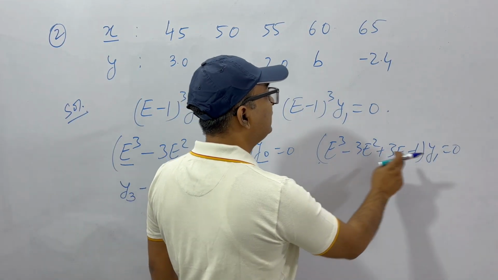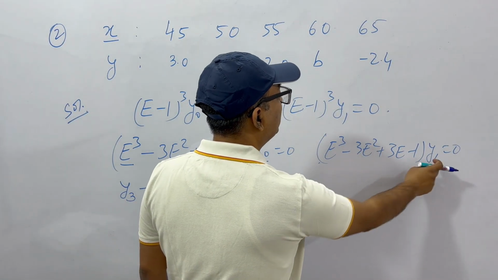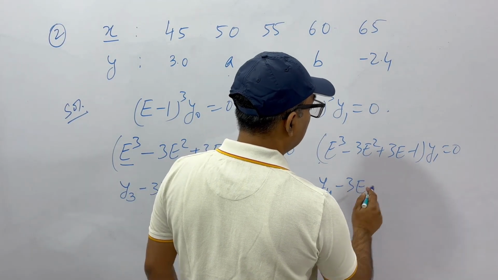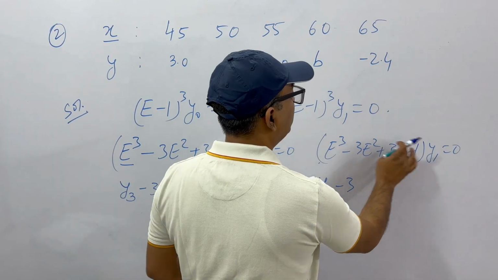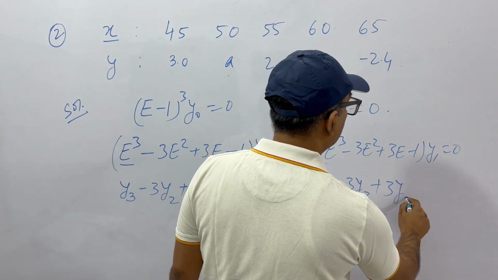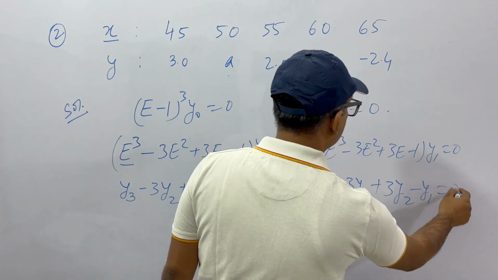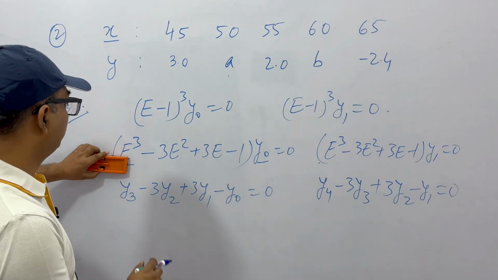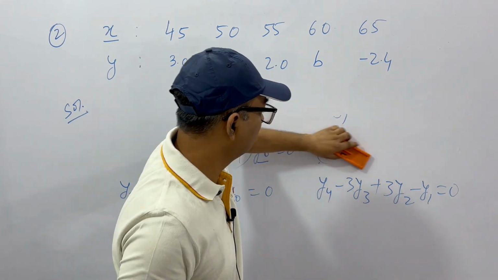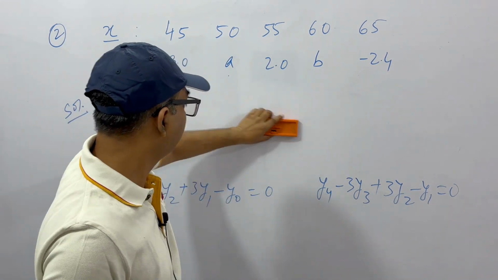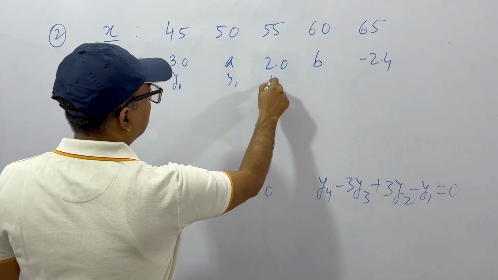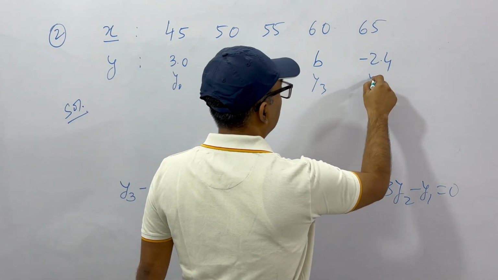Now this is E3 of y1, so 1 plus 3, this becomes y4 minus 3y3 plus 3y2 minus y1 equal to 0. So we have two equations. Clear? I'm rubbing this. This is y0, this is y1, this is y2, this is y3, this is y4.